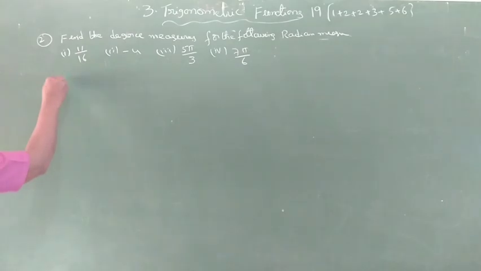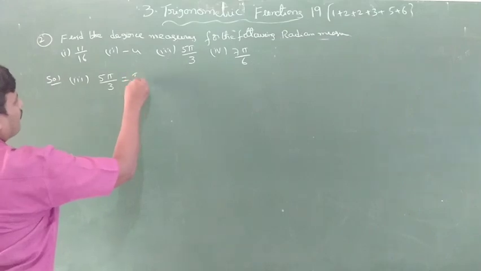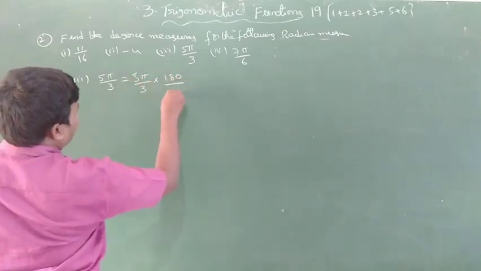First, the third one, solution. 5 pi by 3 radians, simply 5 pi by 3 into 180 by pi.